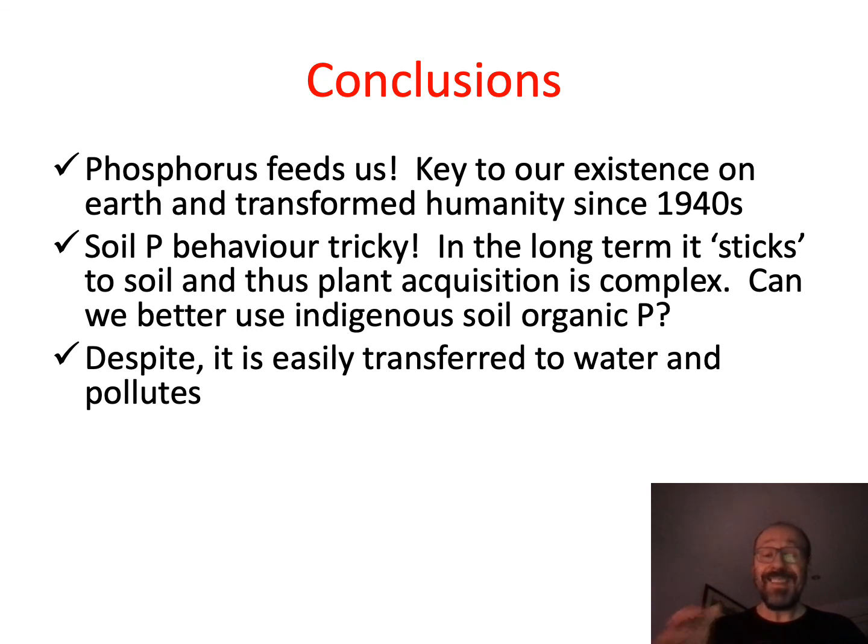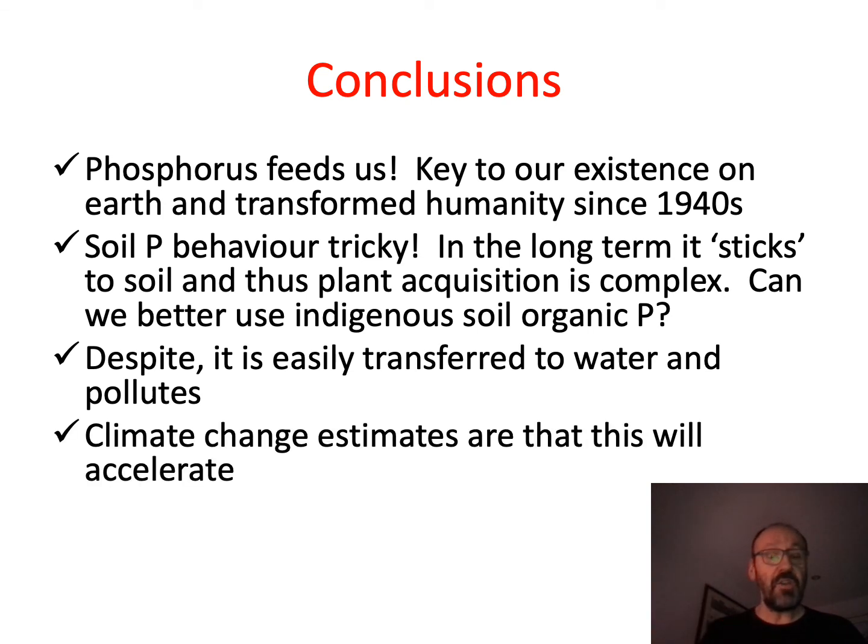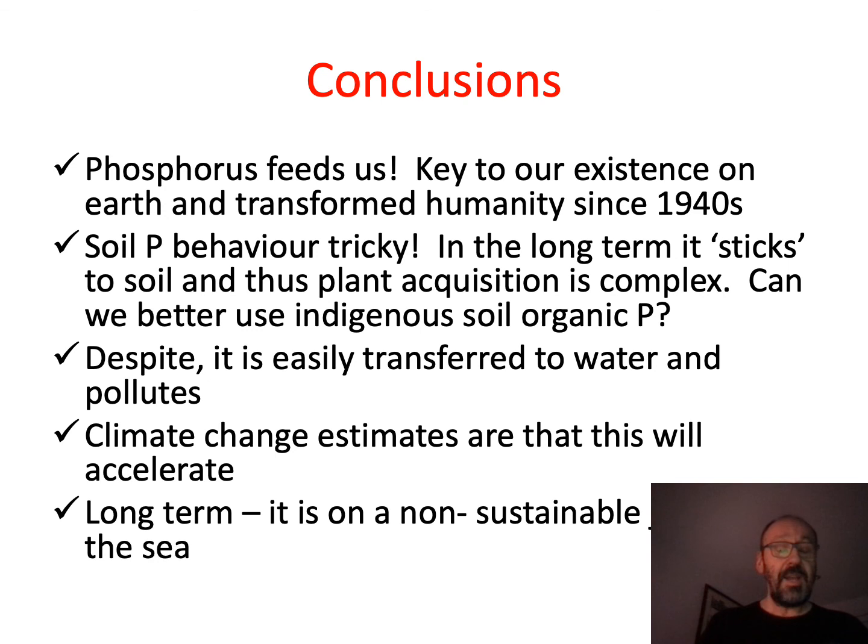Despite this, it's easily transferred to water and causes pollution. Think of the Lake 226 I showed you. And climate change estimates are that this will accelerate as we go forward, and perhaps it's on a long-term and non-sustainable journey towards the sea.